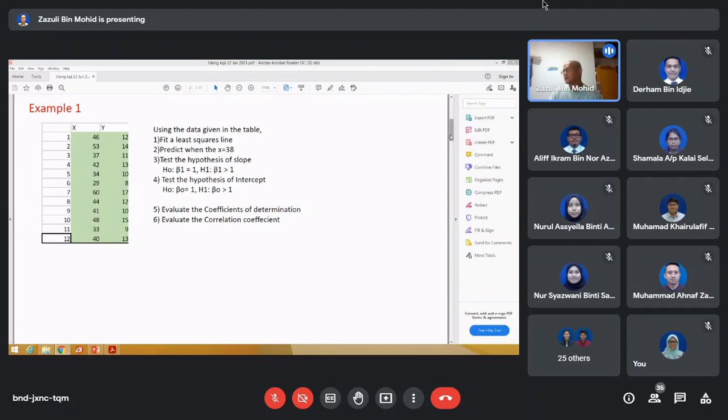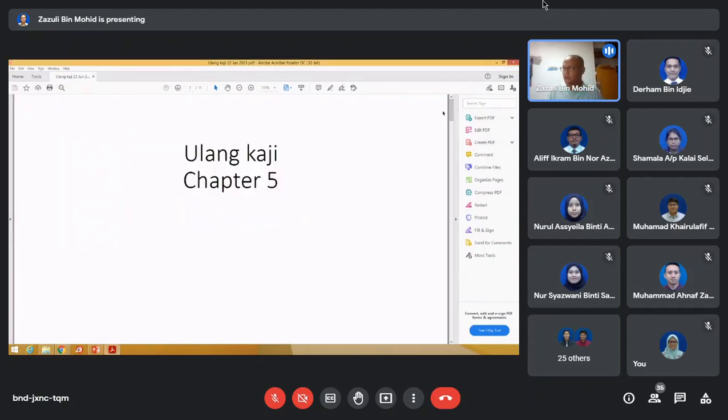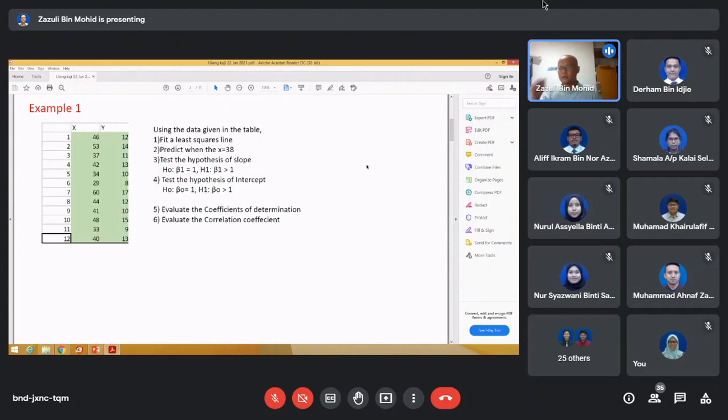The title for today is Ulangkaji chapter 5, which is division chapter 5. And in the slide, I think we already have all of the solving methods and examples on how to solve the questions which could come out from chapter 5, which is linear regression.